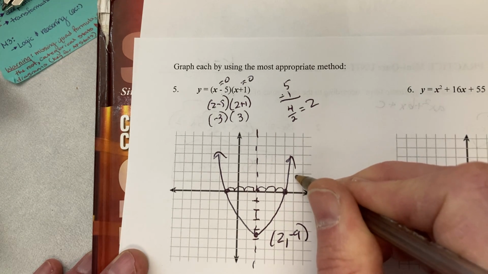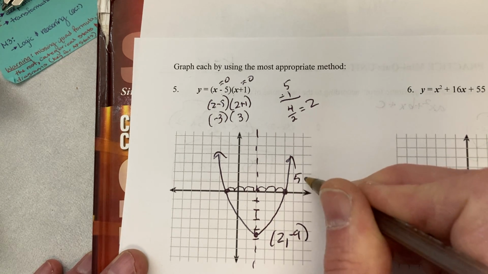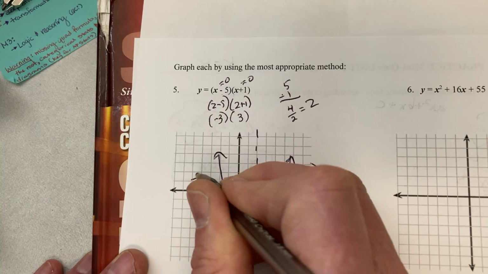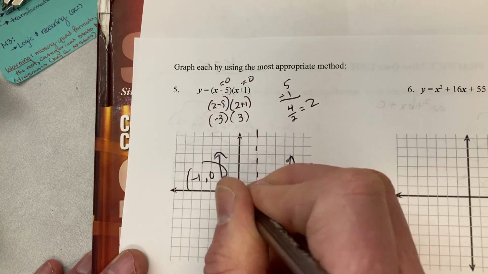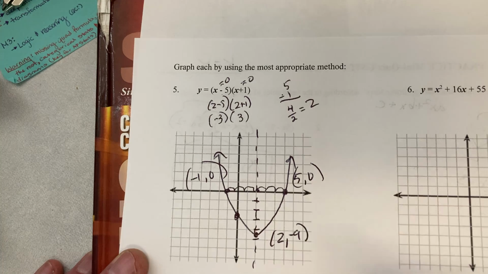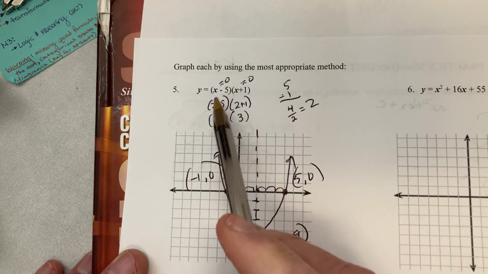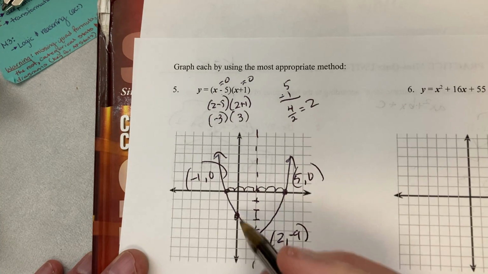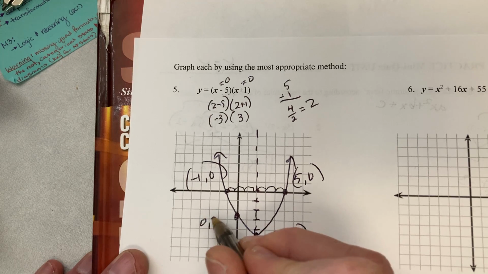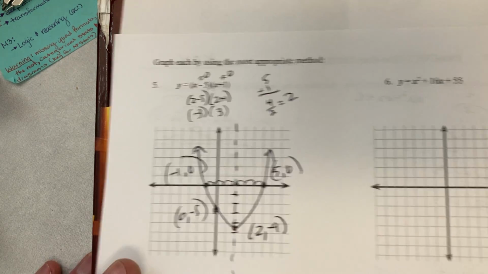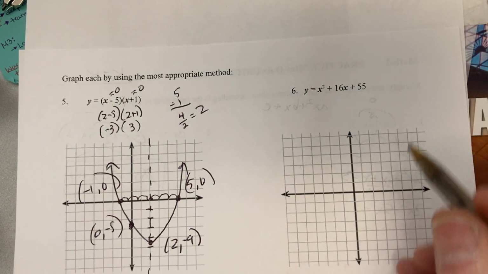And I'm going to label these points as 5, 0, and negative 1, 0. Okay? If we wanted to find that point out, that would be easy. That's when x is 0. I can plug in 0, and that's going to be negative 5. 0, negative 5. But that's extra work. You don't have to do that.